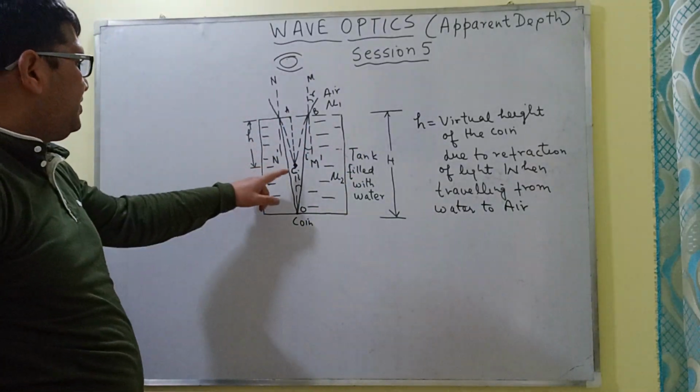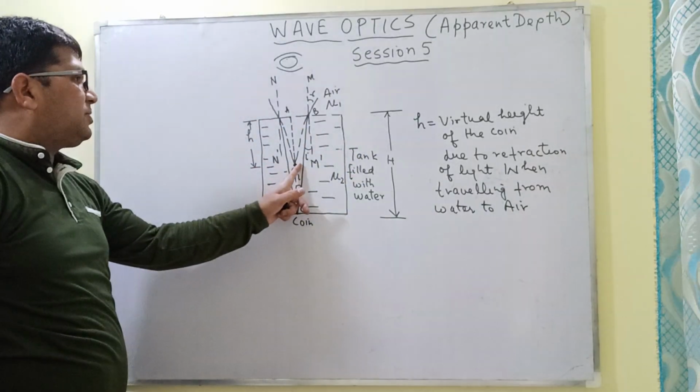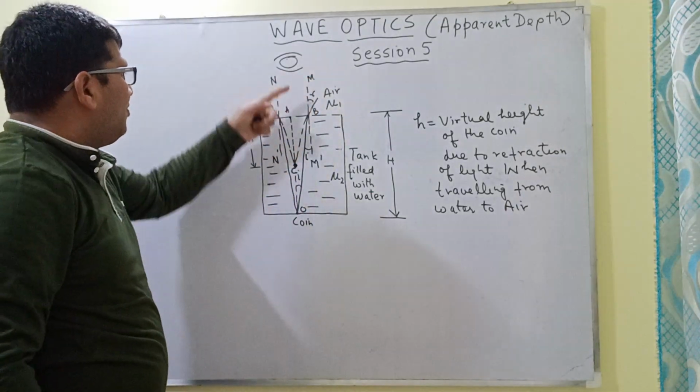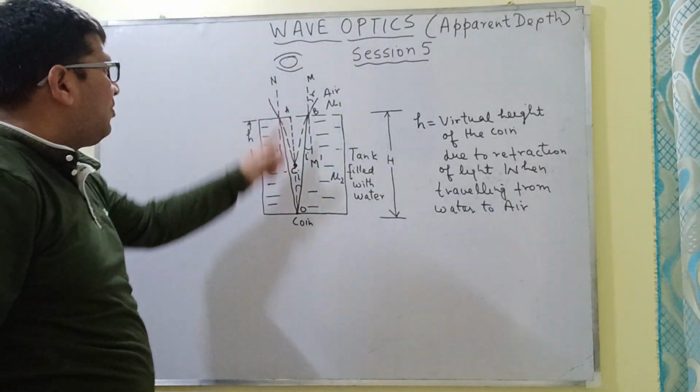That is, this is the virtual height which will be perceived by this person when he is seeing this coin from the top.